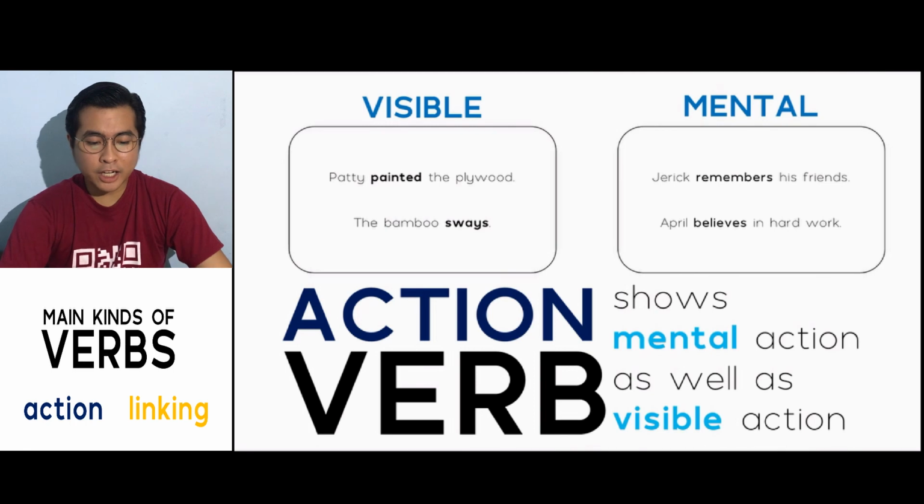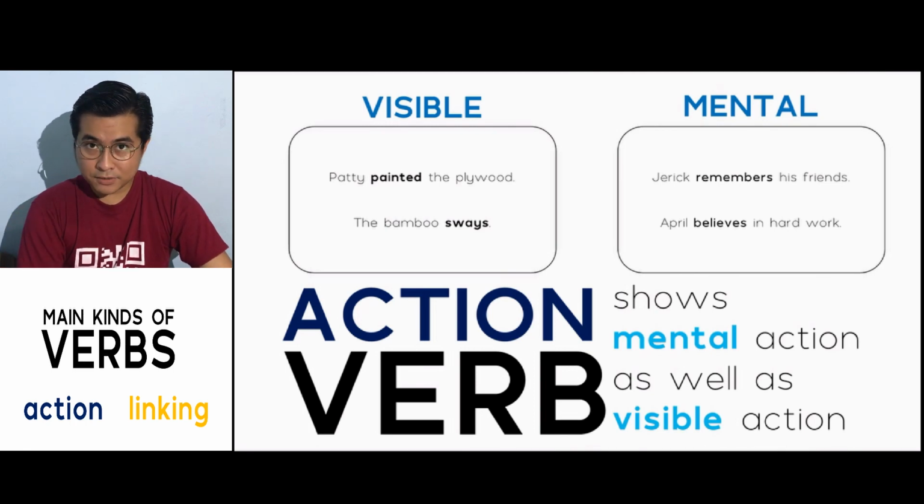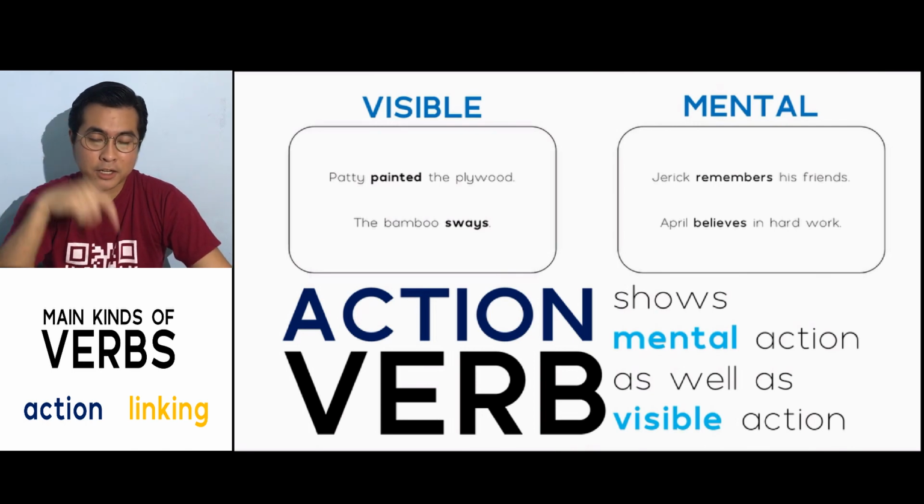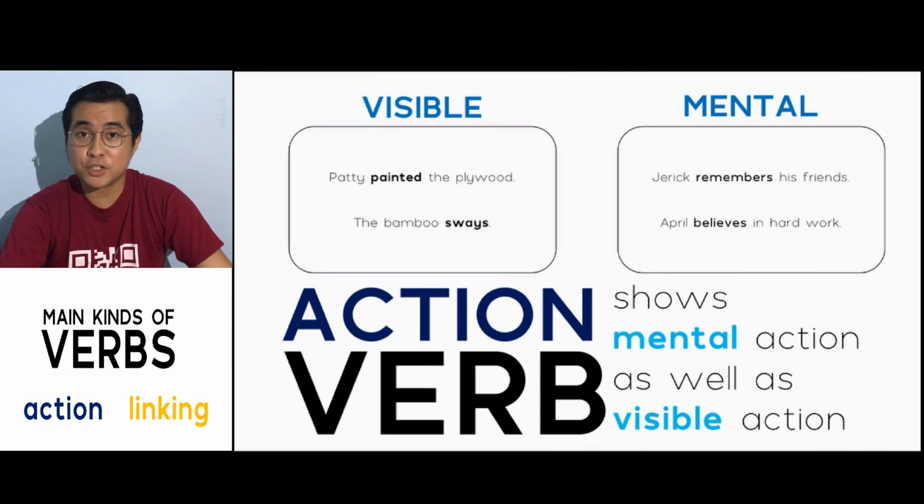The next one is April believes in hard work. Here you have April, the subject, and believes, your mental action verb, again going on in the mind of the person. You cannot observe it, but you could see some manifestations of it.